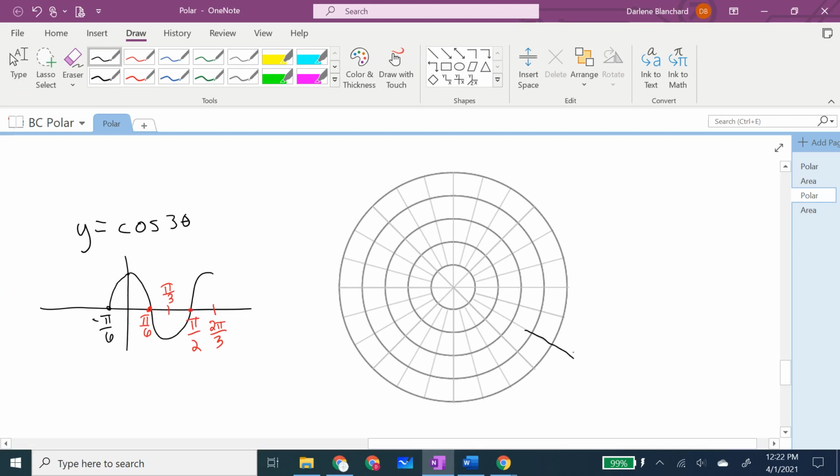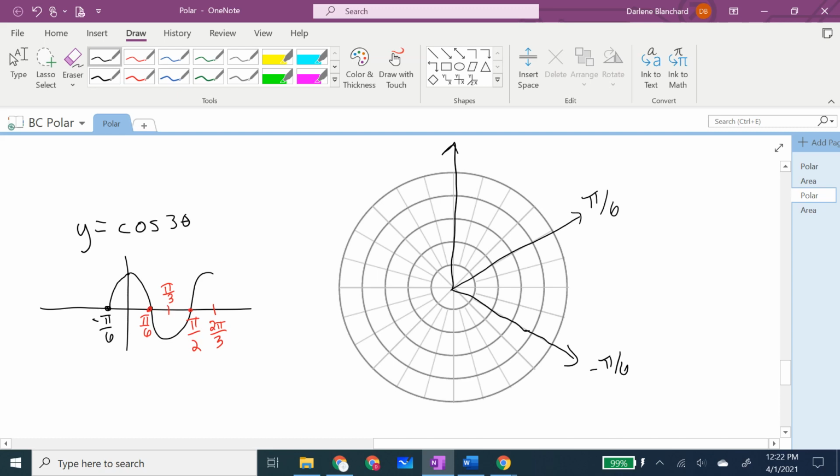Negative pi over 6 is here. Positive pi over 6 is here. And I want to keep drawing these out. So pi over 6 will then go to pi over 2. I'm looking at what these intercepts are.